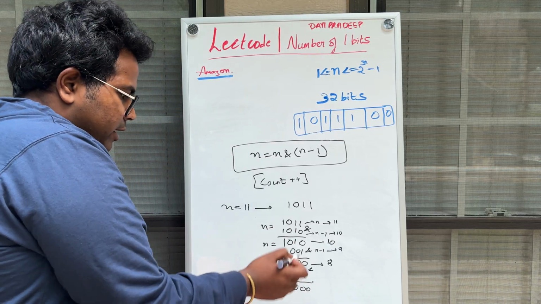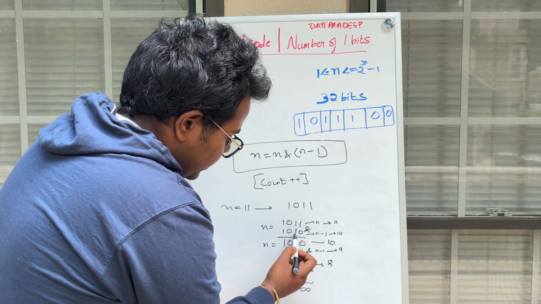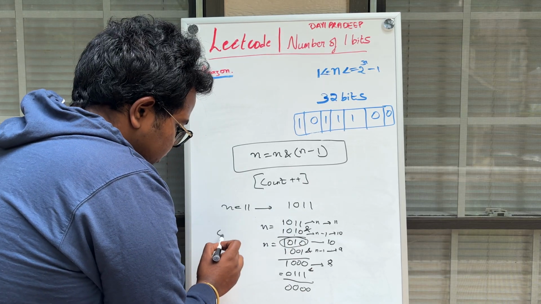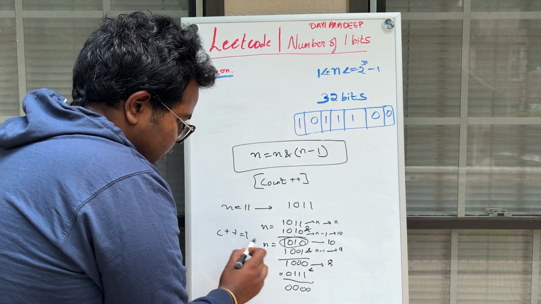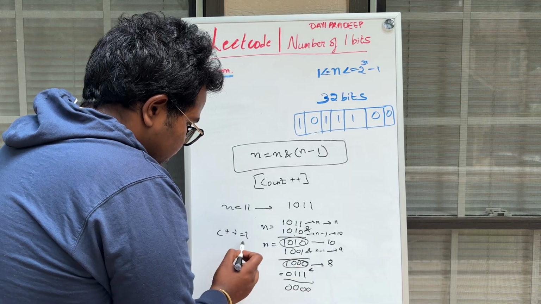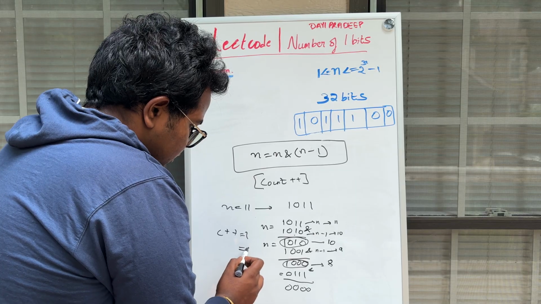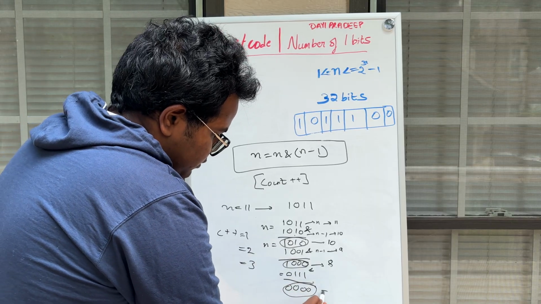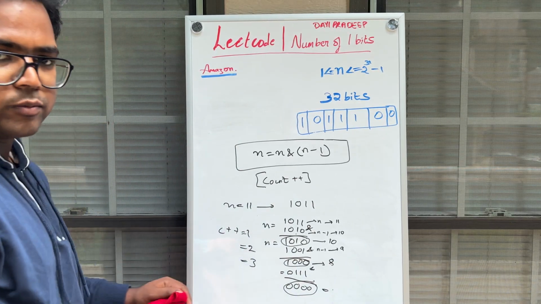So every time I do the operation, I'm going to increase the count, which is 1, and here again I'm going to increase, which is 2. Here I'm going to increase again, which is 3. As n equals 0, it's going to exit from the loop.